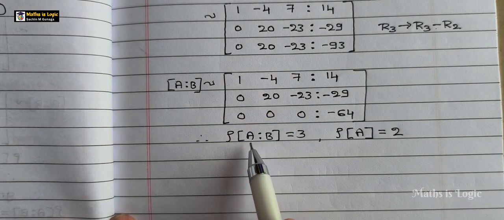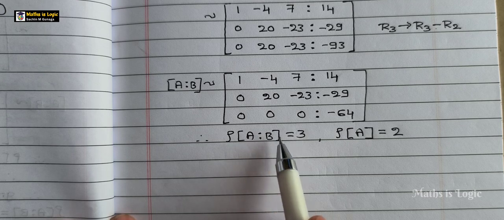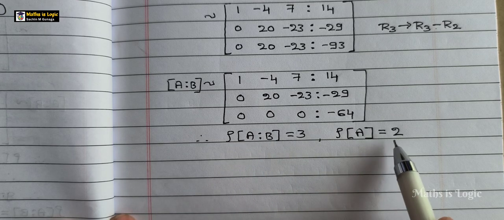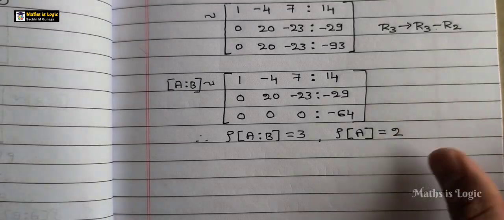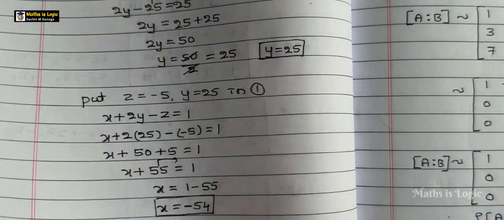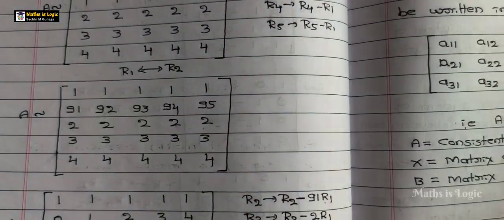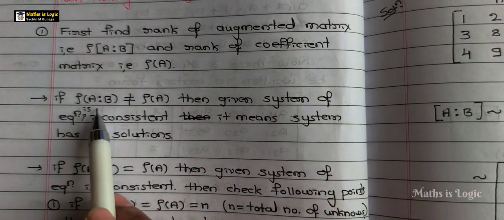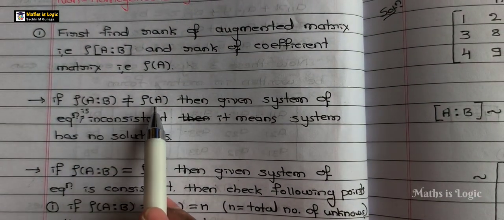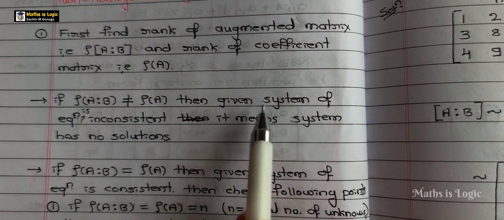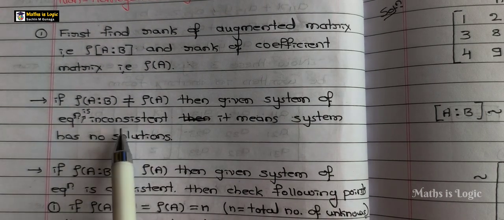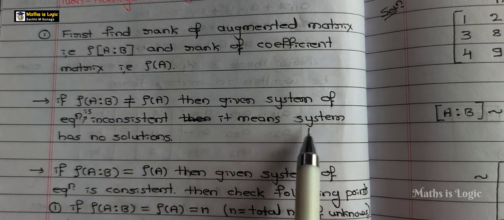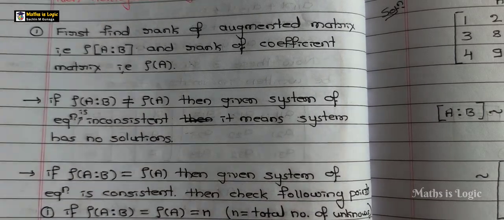So what we are observing, rank of augmented matrix we are getting 3 and rank of A matrix we are getting 2. So in the previous part we know this rank of augmented matrix is not equal to rank of A, then given system of equation is inconsistent. If it is inconsistent, it means the system has no solution.